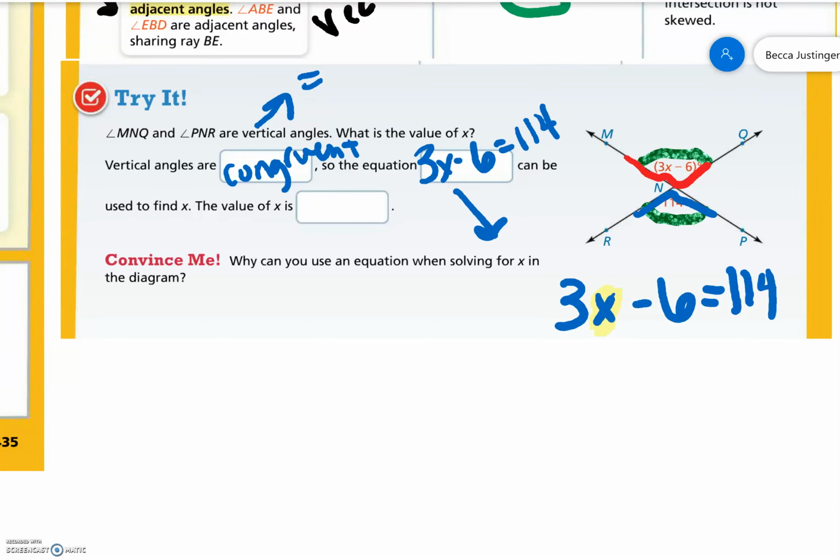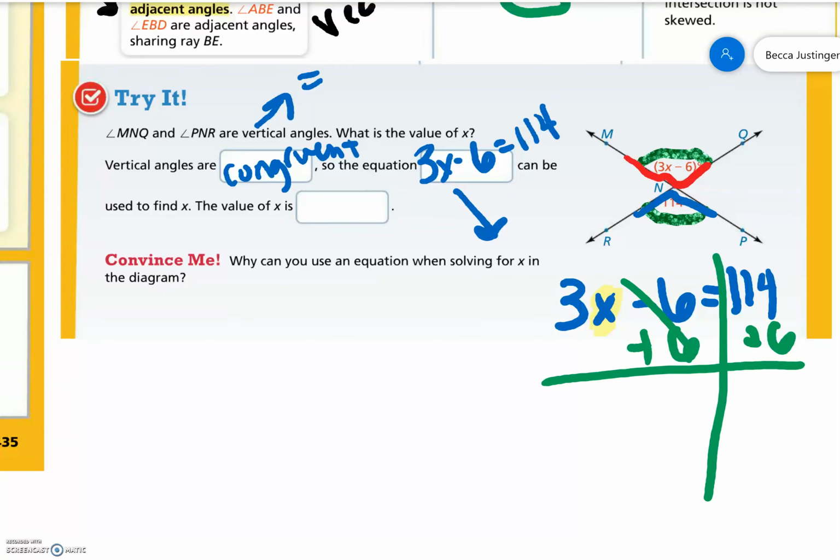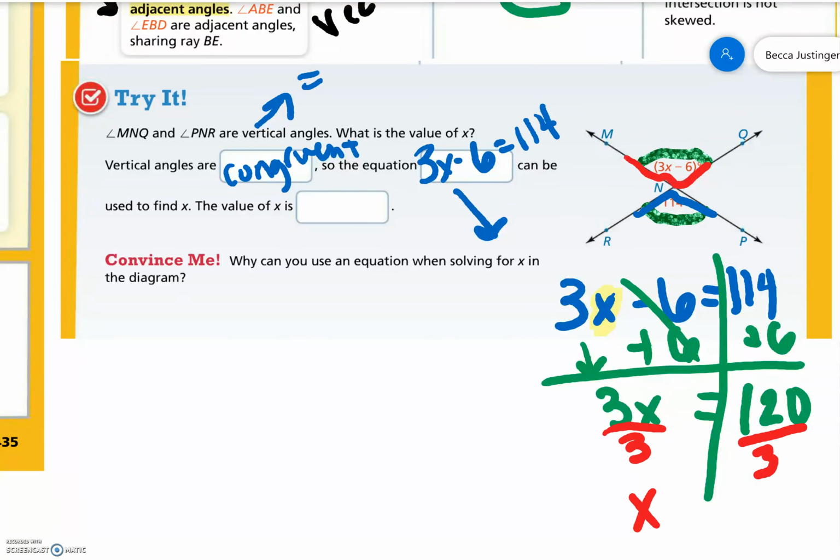We need to use our inverse operations and work farthest away. So first we're going to add 6 to both sides. Cancels out on the left, bring down the 3x, equals 114 plus 6 is 120. Then divide both sides by 3, and x equals 40.